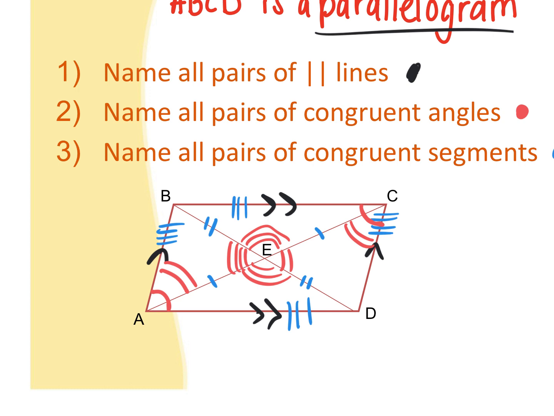BEA and DEC. We'll use 4 there. Dylan? ABC and CDA. Excellent. ABC and CDA. 1, 2, 3, 4, 5 congruence marks.